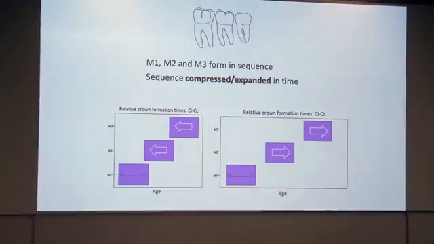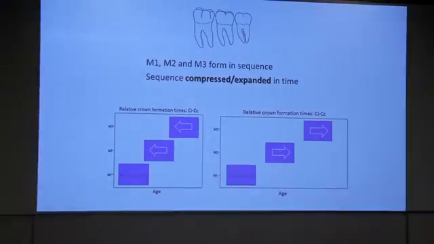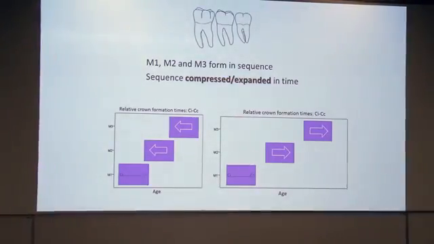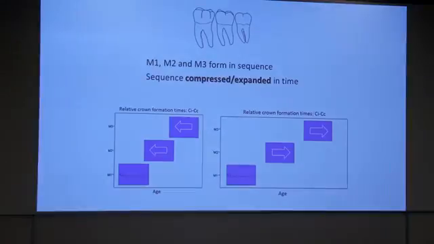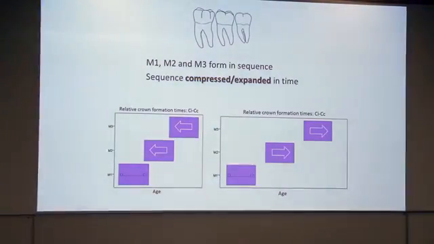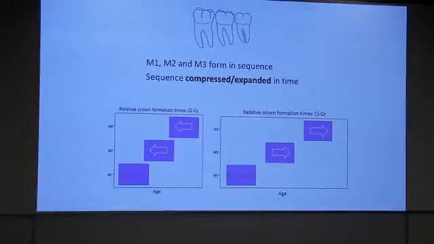Another way of looking at this, these blue bars show the crown formation. So crowns are very stable. Enamel is much less plastic in its developmental timing and shape. So the first molar is the bottom blue bar, the second molar is the next one, the third molar, and this whole sequence can be compressed in time with a fast clock, or it can be stretched out in time.